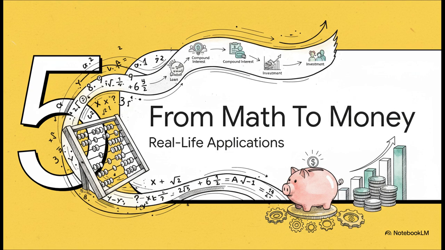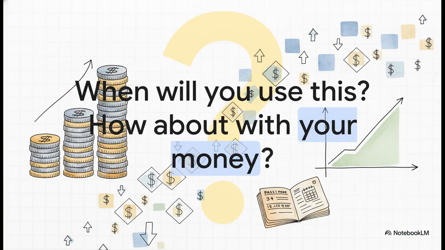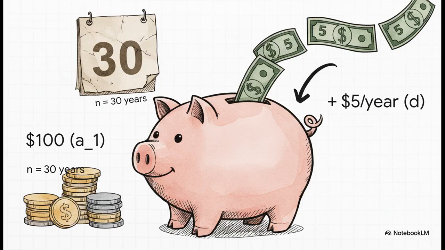So you might be asking that classic question, when am I ever going to use this in real life? Well, believe it or not, this formula is probably more useful than you think. How about with your money? Seriously, a simple interest savings account is a perfect real-world example of an arithmetic sequence. Every single year, your money grows by a fixed, predictable amount. Let's play it out. Say you start with $100. That's your A1.